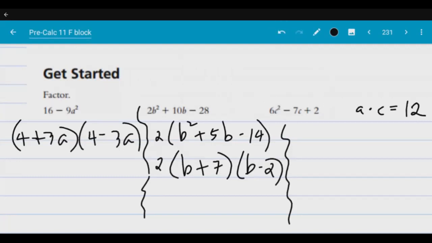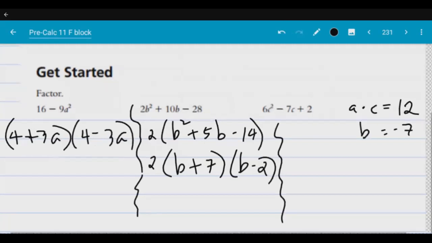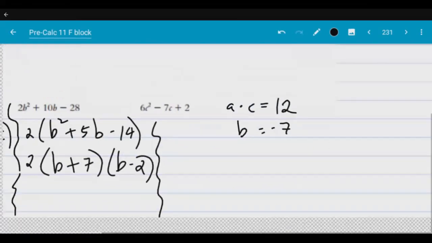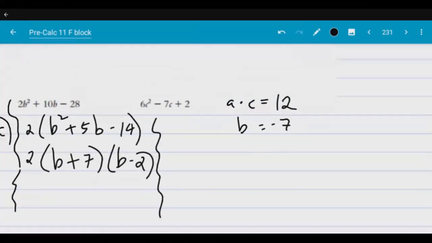While the B value would be negative 7. So you're going to look for two numbers that multiply to positive 12 and add to negative 7. And you should get the idea that they are both negative because they multiply to positive and yet they add to a negative, right? So that would be negative 3 times negative 4. All right, because negative 3 plus negative 4 is negative 7.